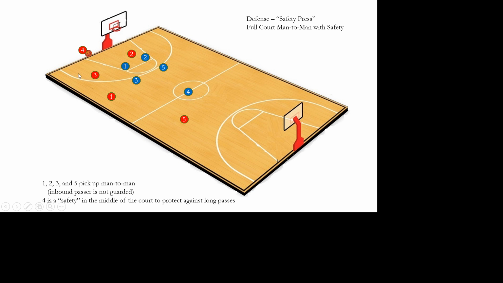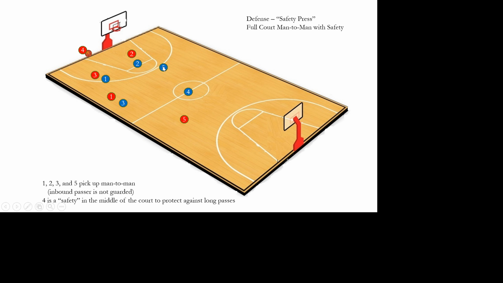So let's show what happens here. So an example, if 4 from the other team is taking the ball out, they may be aligned here, where each of 1, 2, 3, and 5 are going to pick up a man. So 1 grabs this guy, 3 is going to defend this guy, 2 is going to defend this guy.